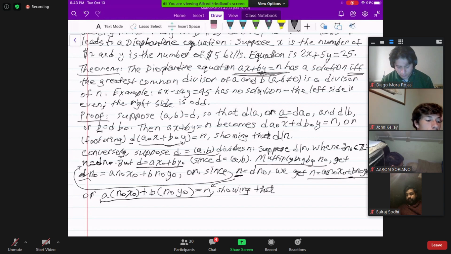This shows that X equals N sub 0 X sub 0.